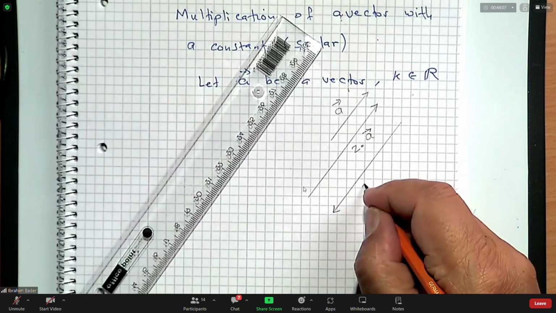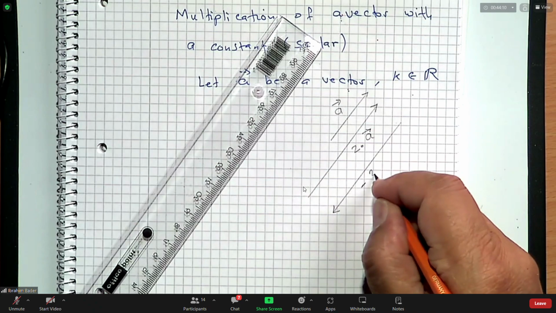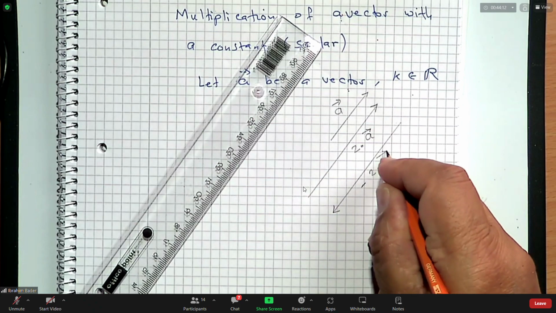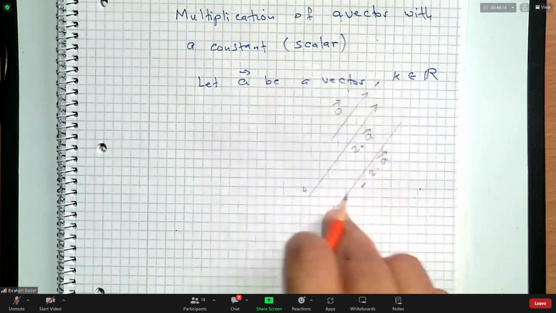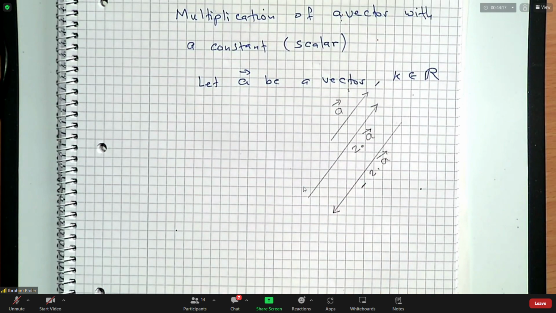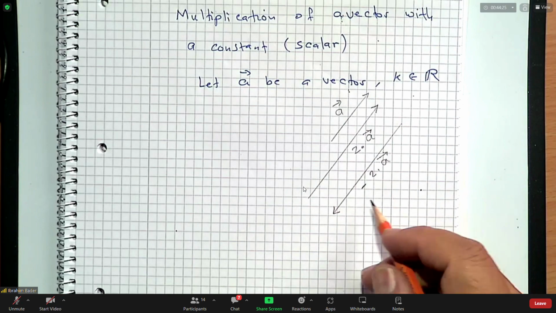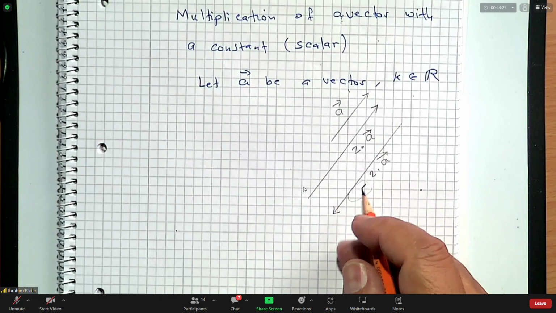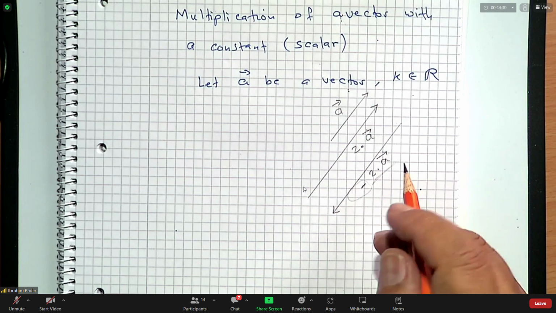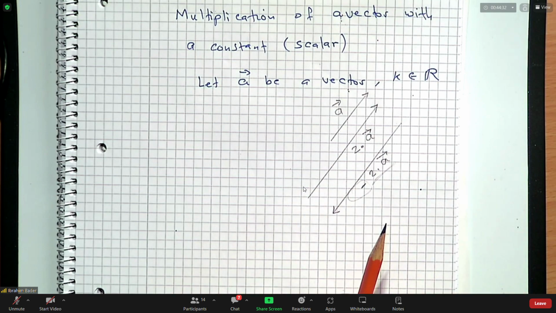While this one here is minus 2 times A, so it's a vector in a different direction, with double magnitude, actually same as 2A, but in the opposite direction. So this negative refers to reversing the direction, while the 2 means doubling the magnitude. Okay, this is the informal version.